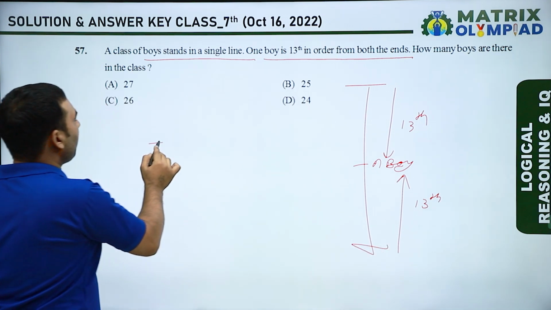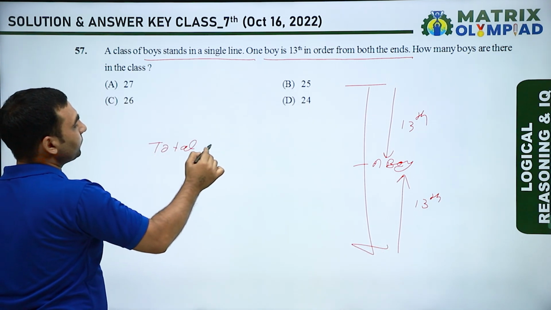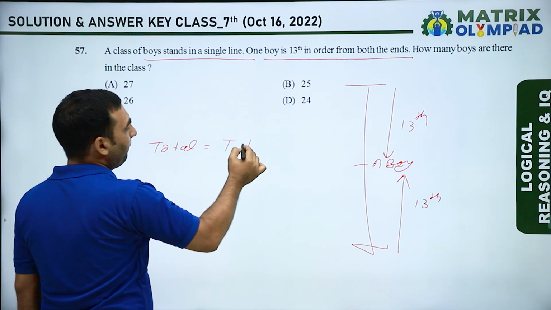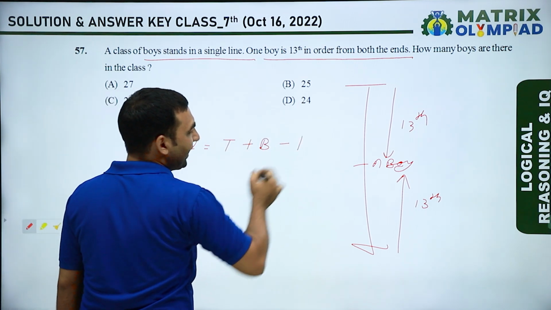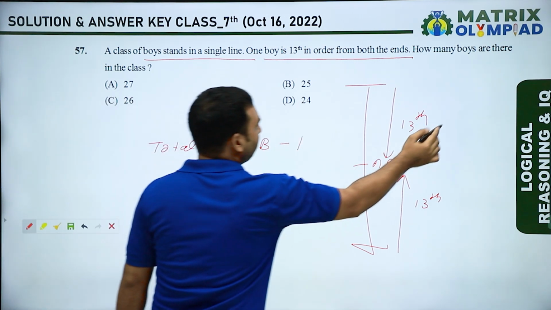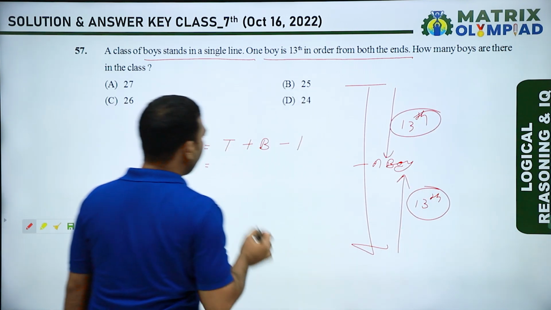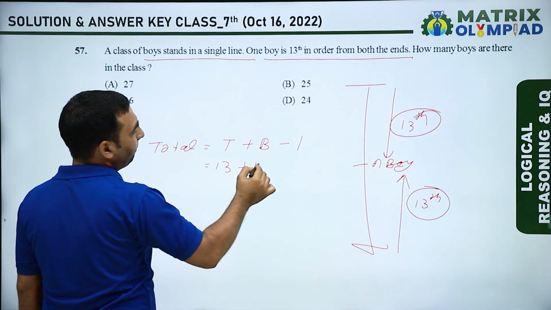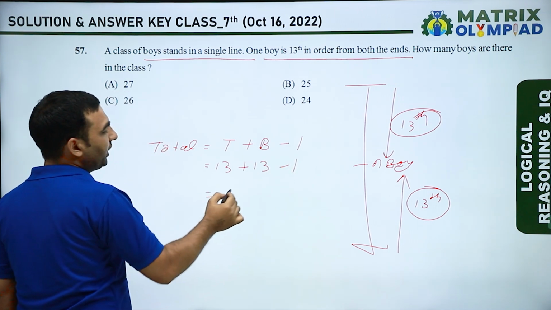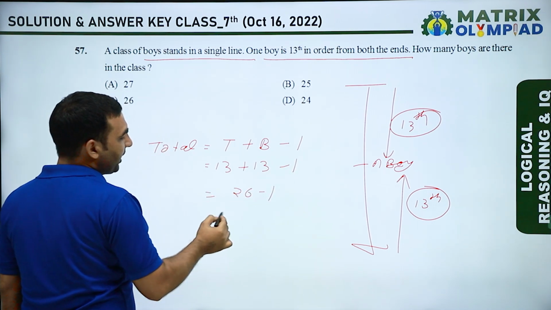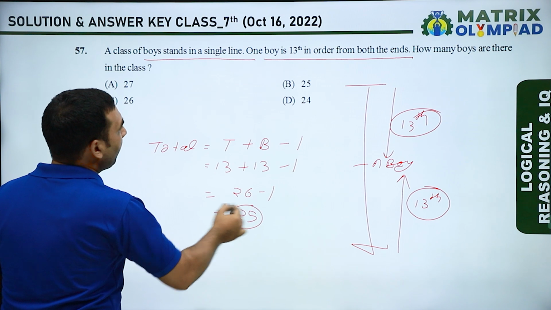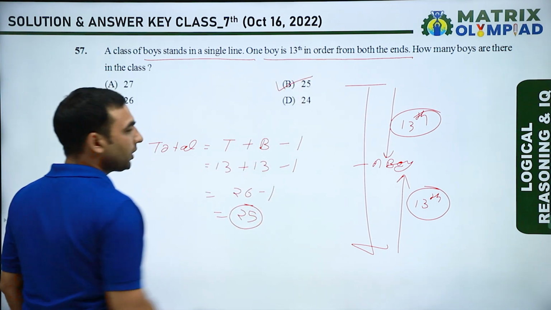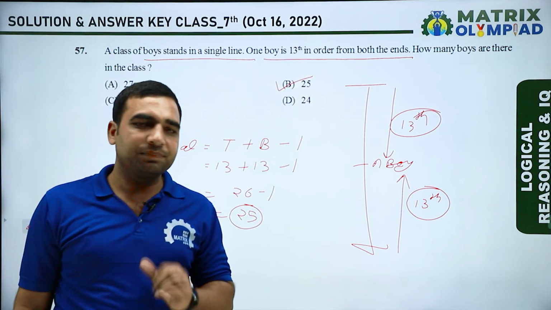To find the total number of persons, we say top plus bottom minus 1. If this is 13th from both the ends, then 13 plus 13 minus 1 is equal to 26 minus 1, 25. Our answer is 25. Option B is the correct answer.